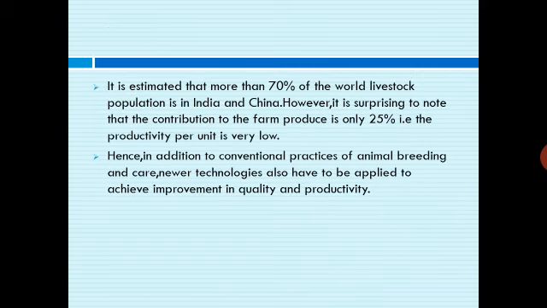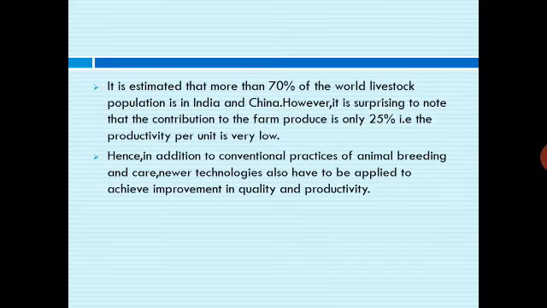It is estimated that more than 70% of the world livestock population is in India and China. However, it is surprising to note that the contribution to the farm produce is only 25%. That is, the productivity per unit is very low.